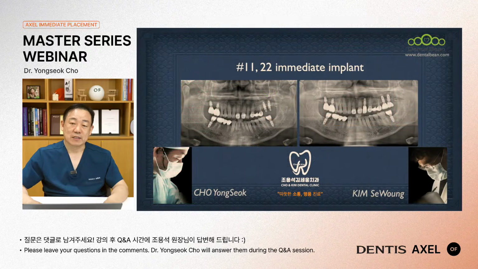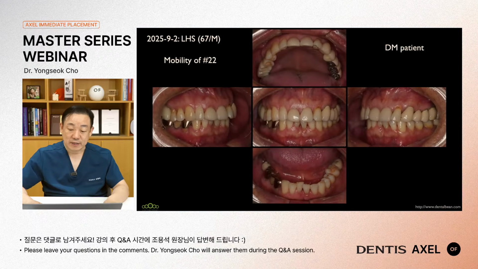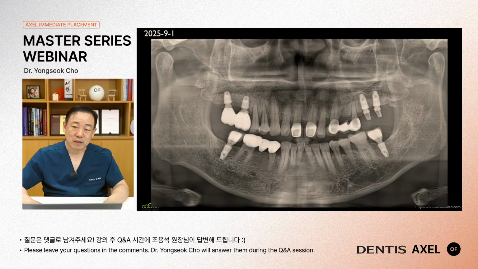Okay, the next case is also a lateral incisor case. The patient complained of mobility of the left lateral incisor. The patient had diabetes. In the radiographic image, we can see minimal alveolar bone resorption.